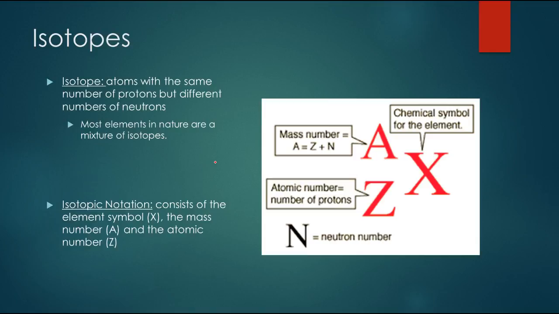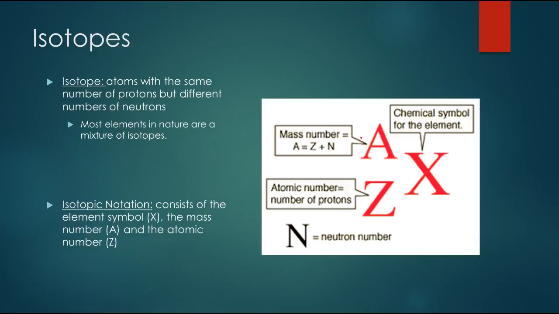Isotopes. This will be the second to last thing for this video, so we're almost done. Isotopes are atoms with the same number of protons but different numbers of neutrons. Now, this is really important for explaining the mass numbers on the periodic table, and we'll get there in just a second. Almost all elements in nature are going to be a mixture of different isotopes.